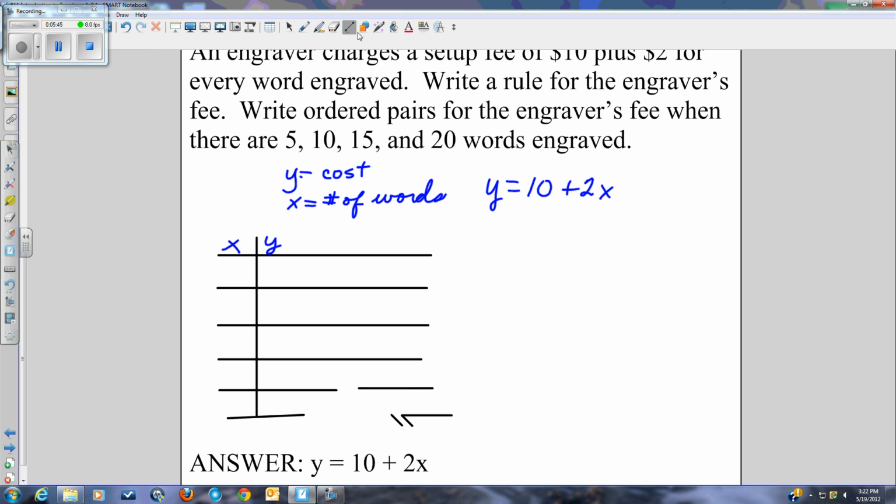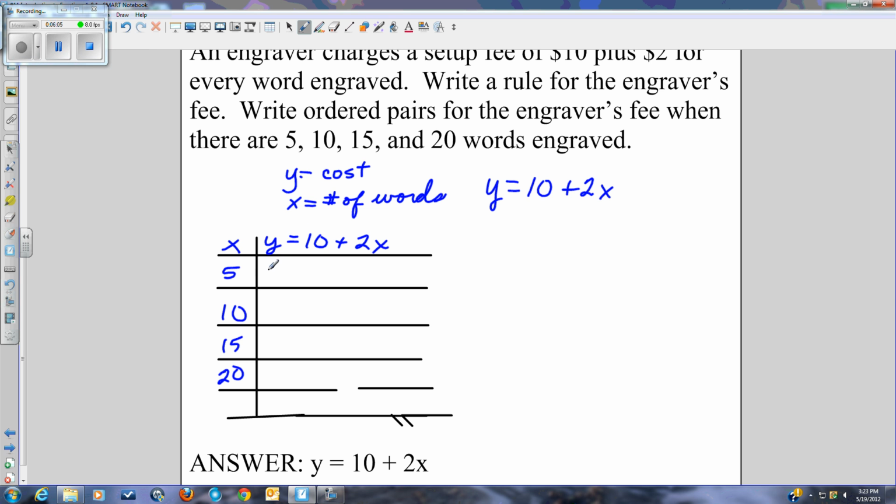Let's just draw those lines going across. Okay, so x is 5, 10, 15, and 20. So we have y equals 10 plus 2x.